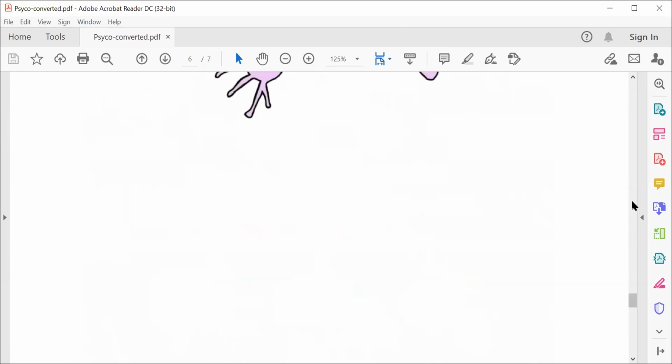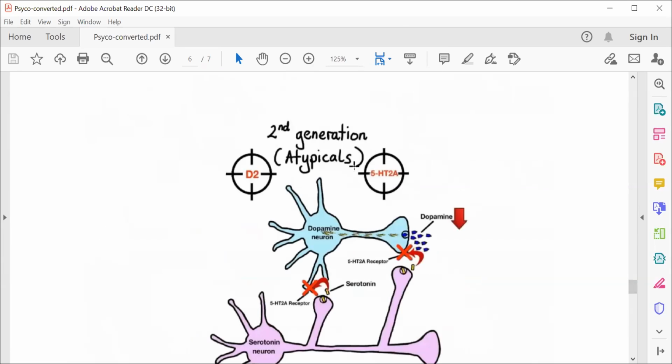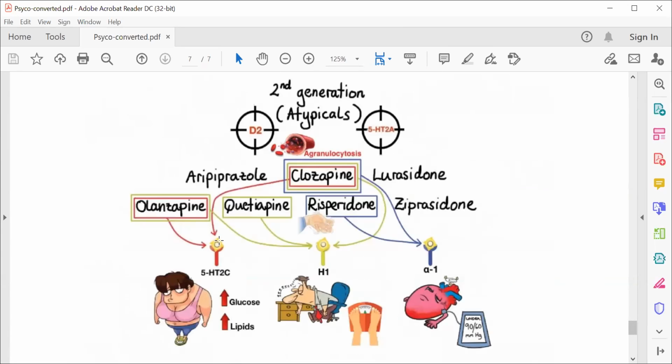In order not to be confused, in addition to blocking the 5-HT2A, Olanzapine and Clozapine block the other subtype of serotonin receptor, which is the 5-HT2C receptor, and blocking this receptor increases the appetite, leading to high weight gain, leading to high glucose level, leading to high lipid level. Now we know why Clozapine and Olanzapine do that: due to working on that receptor. Okay?